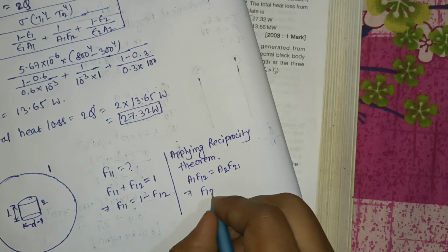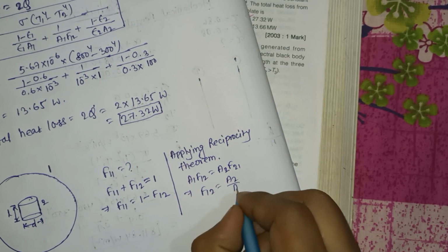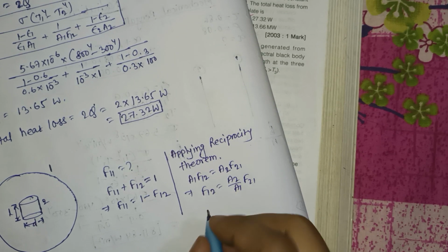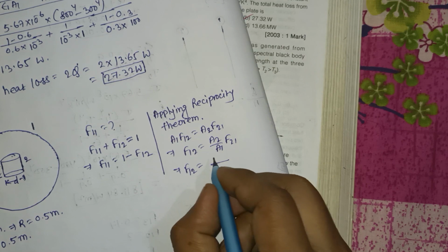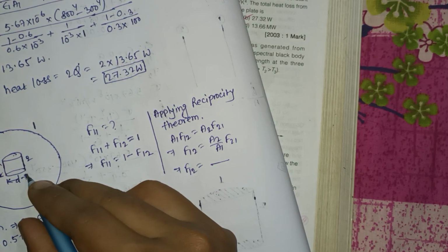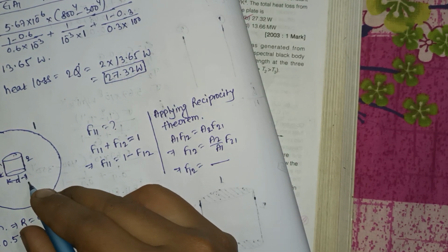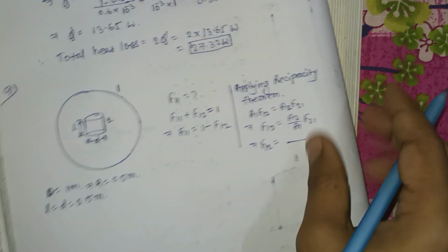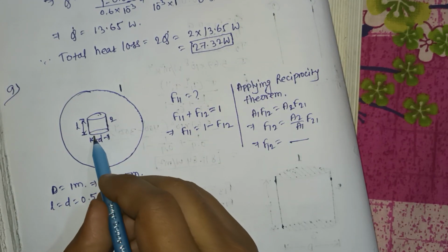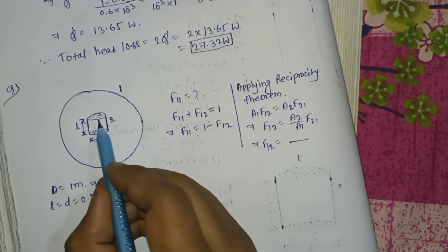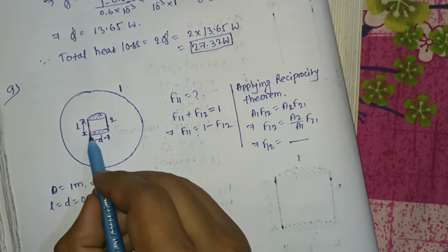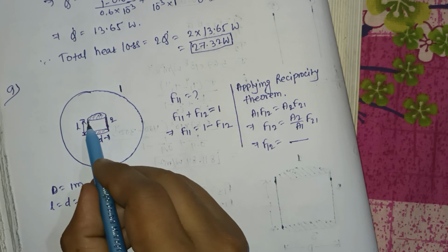From here, F12 equals A2 by A1 times F21. What is the value of A2? It is the area of the cylinder: pi by 4 d square plus pi by 4 d square plus pi d l, where the last term is the curved surface area.